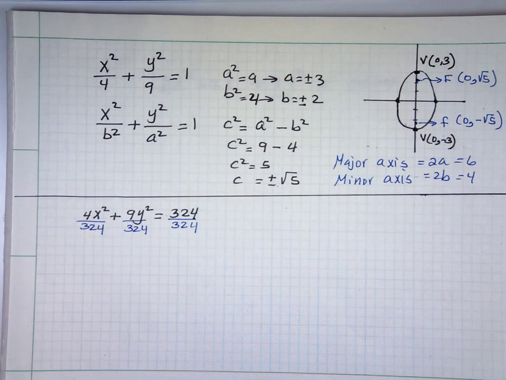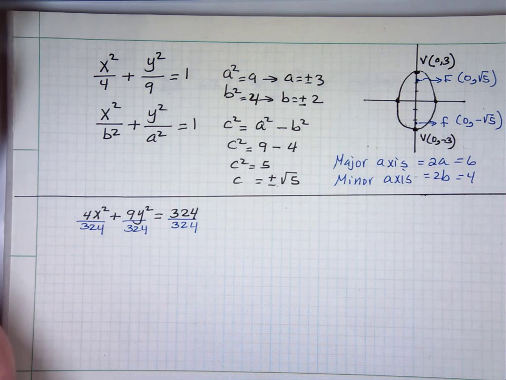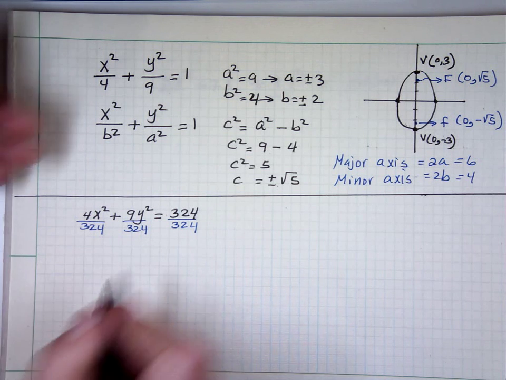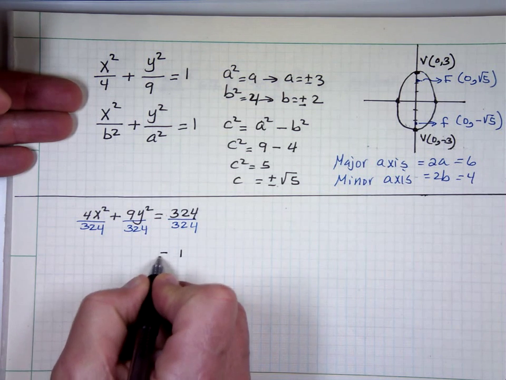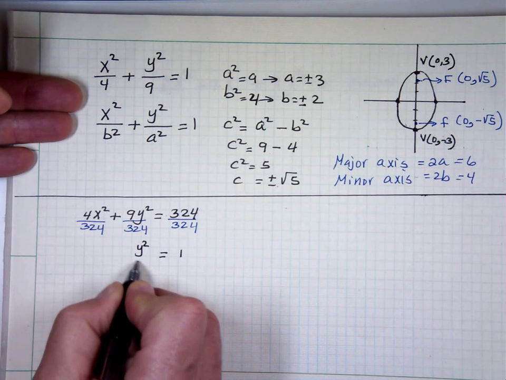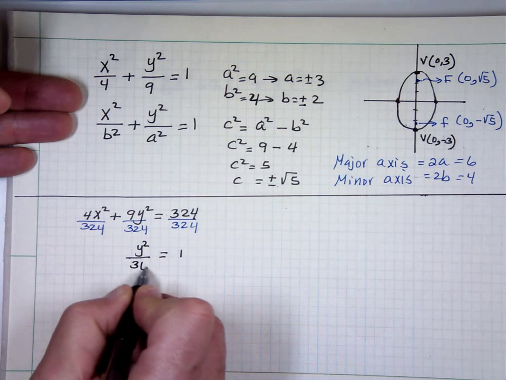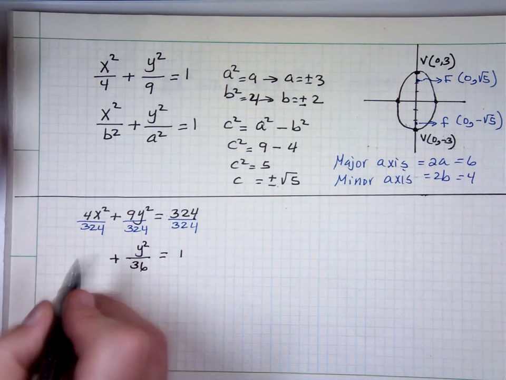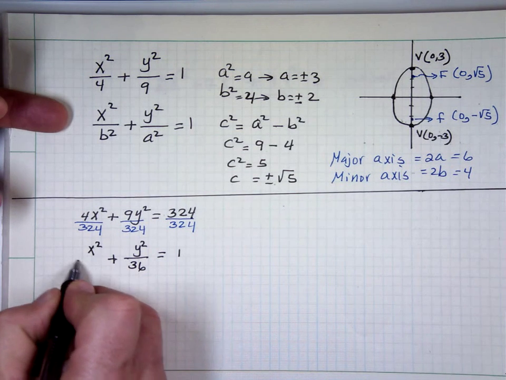And if I simplify my answer, I'm going to have what? What is 324 divided by 9 here? This will be 1 equals y squared over 36. X squared over what? 81, is it?